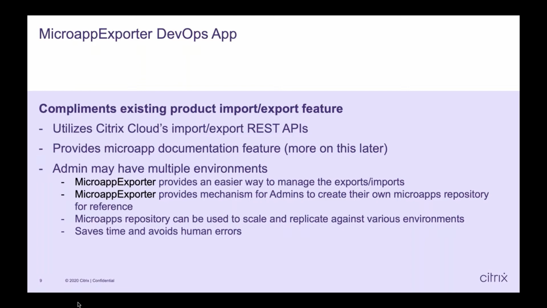And the MicroappExporter app provides an easier way to manage the exports and the imports, and it provides a mechanism for the admins to create their own Microapps cache or repository for reference. The Microapps repository can be used to scale and replicate against various environments, and it saves time and avoids human errors. Now I'm going to hand things off to Greg to talk a little bit more about the APIs that are used and about the Microapps documentation feature.